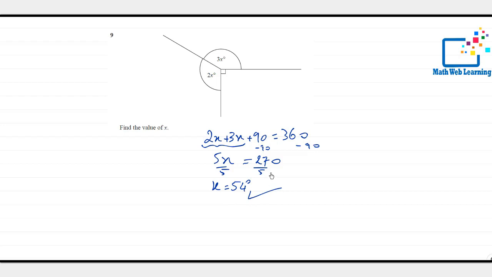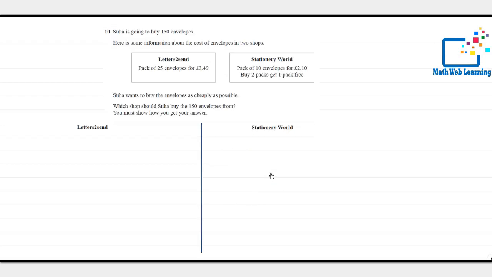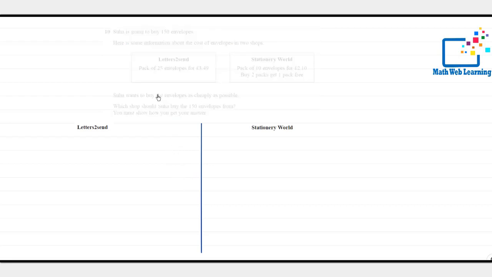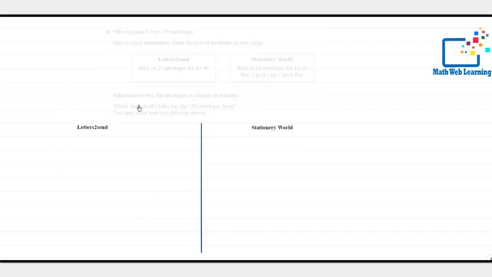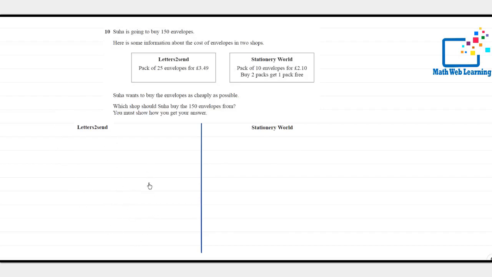All right. Next question is question number 10. We have a question on envelopes. Suha is going to buy 150 envelopes. We want to find the best buy. Got two different offers, or two different shops.